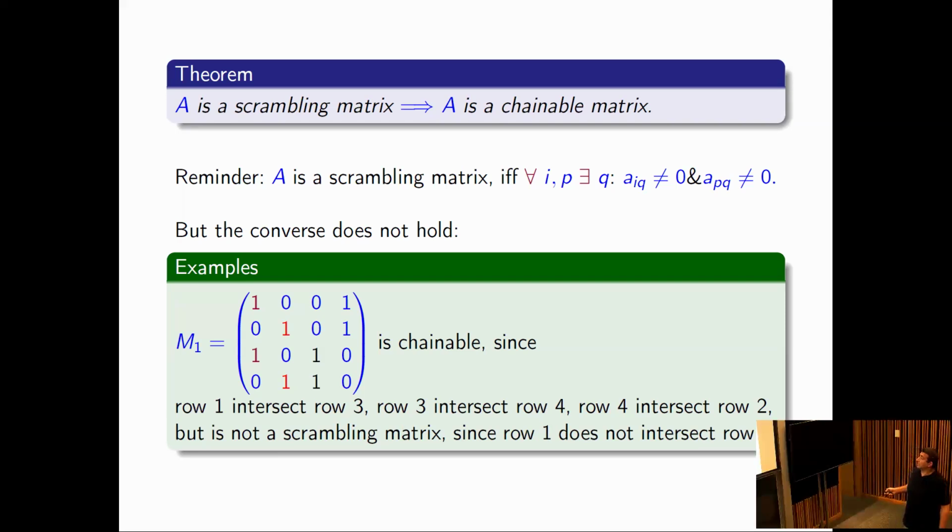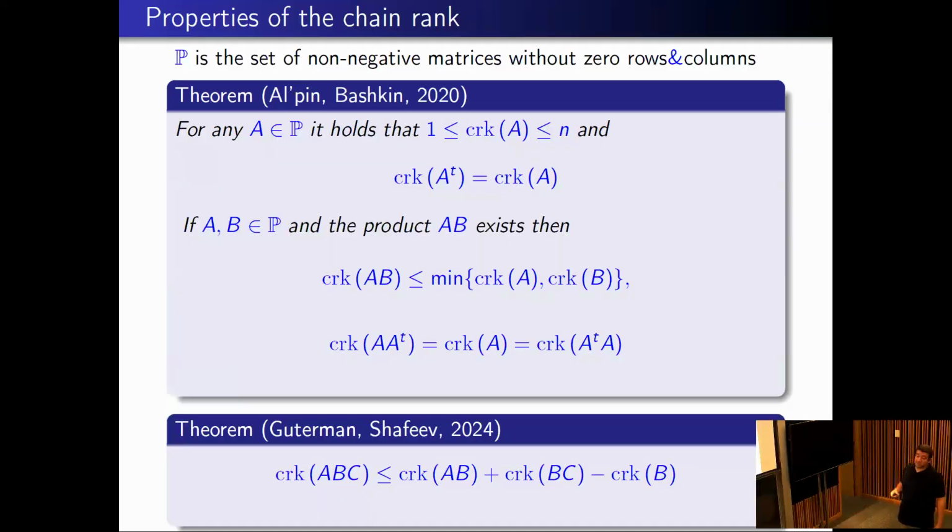Row 4 intersects with row 2. But it is not a scrambling matrix, since row 1 does not intersect with row 4, because just zeros are in different positions. So we received a nice combinatorial index.